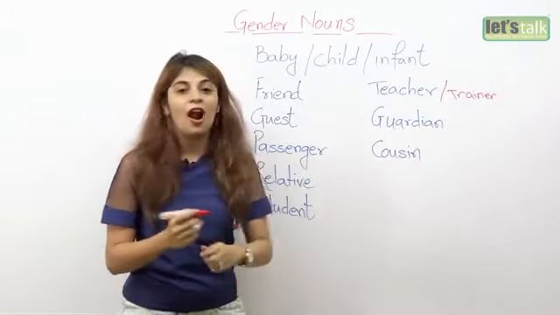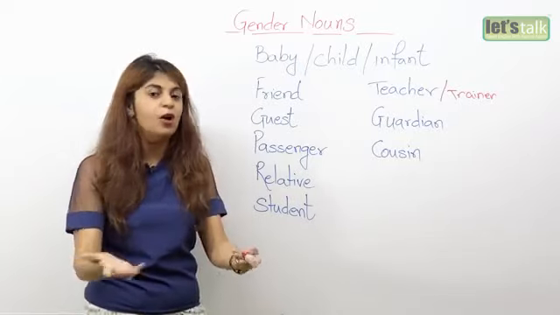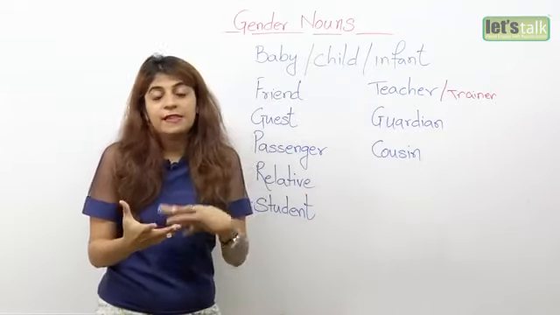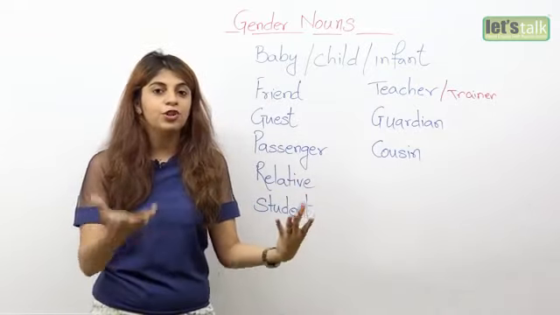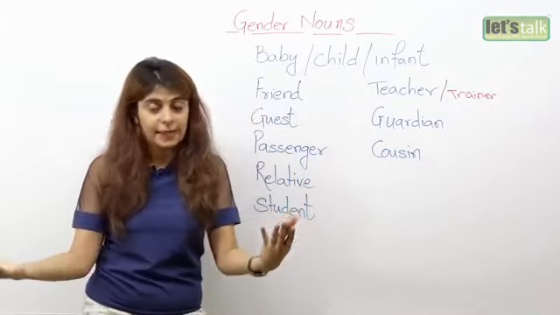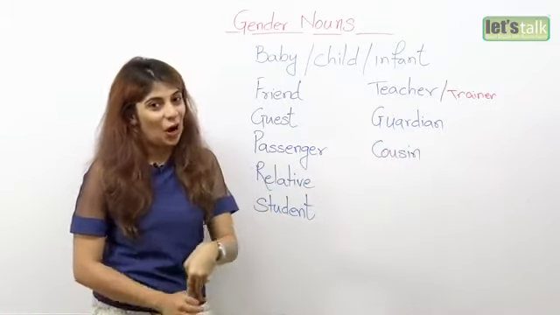The next one, guardian. Well, a guardian is someone who takes care of you or of little children. So even if it's a woman who's taking care of you, she is called a guardian. And even if it's a male who's taking care, then he is also called a guardian.